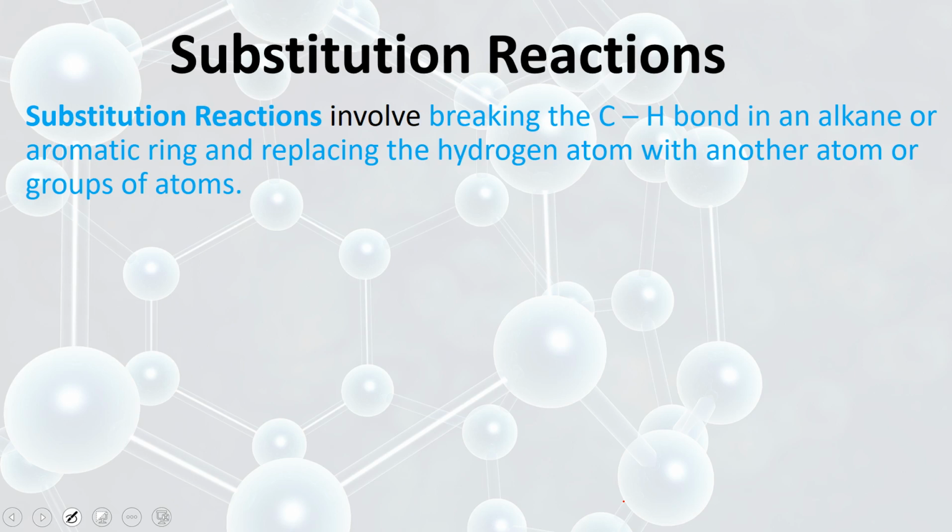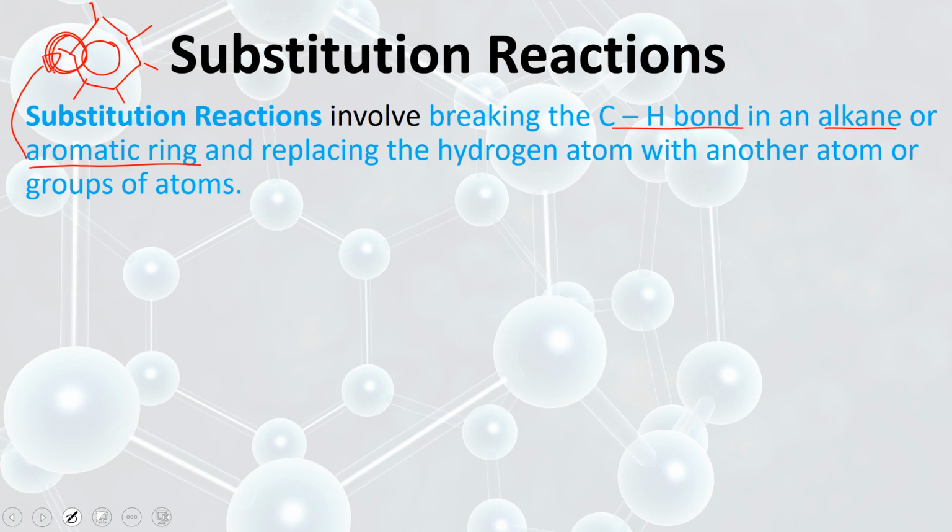So a substitution reaction is the breaking of a carbon to hydrogen bond in an alkane or in an aromatic ring. Remember, an aromatic ring is the benzene ring. And because there's hydrogens out here, we're going to be breaking one of these bonds on the benzene ring.